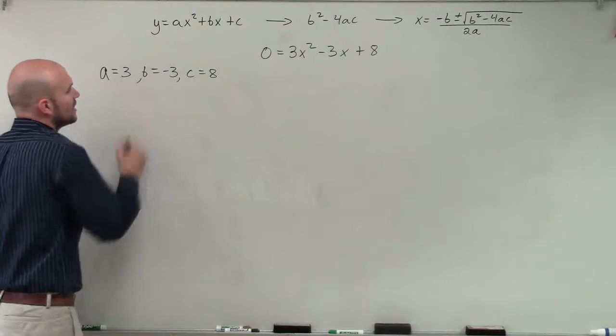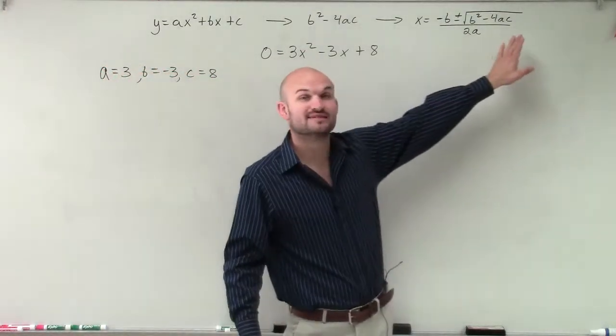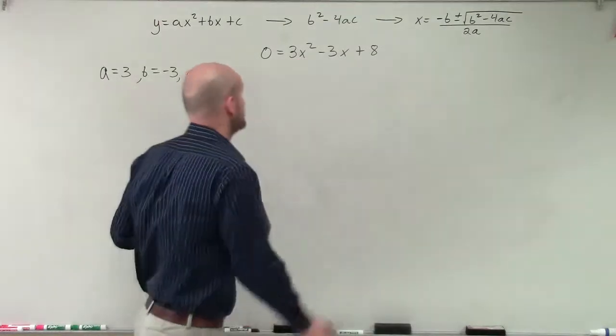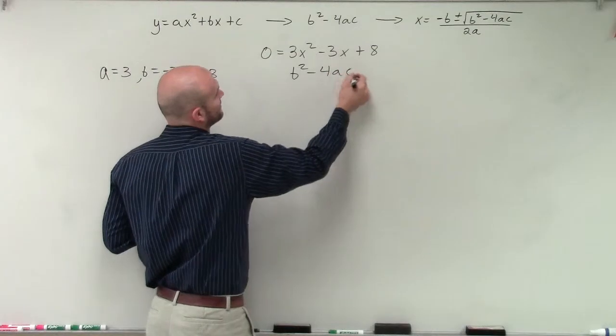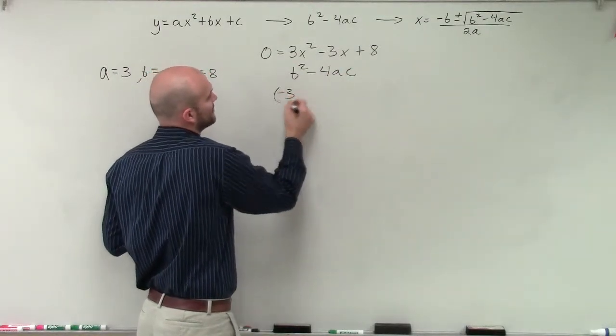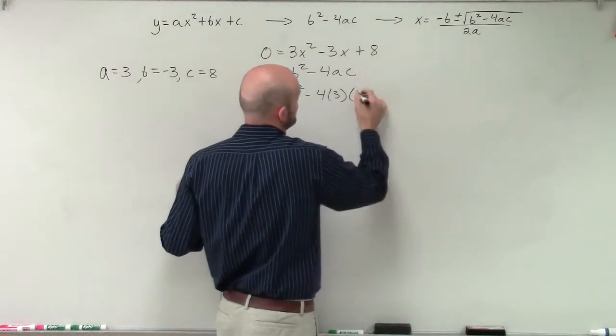Once we have determined our a, b, and c, now we can find the value of our discriminant, which is what we're going to be taking the square root of in our quadratic equation. To do that, I just plug in my values for a, b, and c. So b squared is going to be -3 squared minus 4 times 3 times 8.